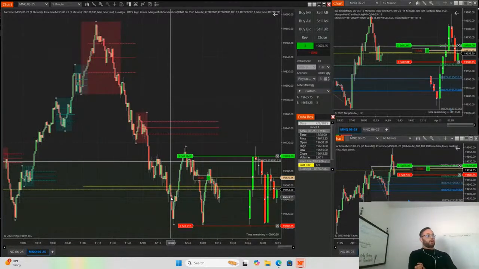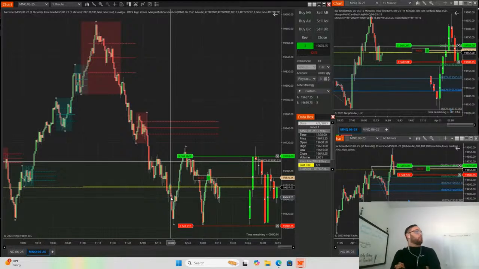Now, can we get follow through? 15 minutes just started, so can we get follow through to the top? If we can get follow through, so it's a range trade. That's the idea.